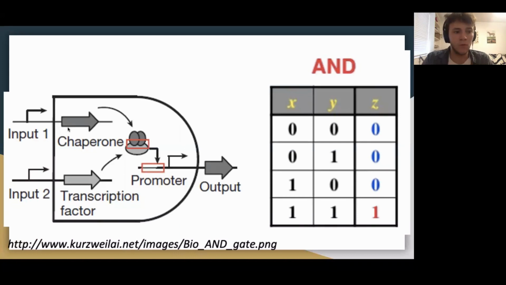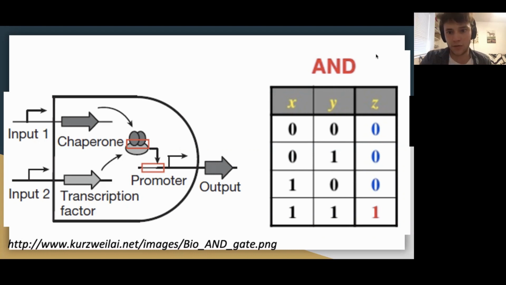And so you can see input 1, this would be like A or X, I guess, in the example of this chart I have here. And input 2 would be B. Both of them need to be on, and we could turn these on constitutively, so they're always 1. Or maybe we have something specific about the environment that would need to then turn them on. And so only getting our output when both X and Y, input 1 and input 2, are on.